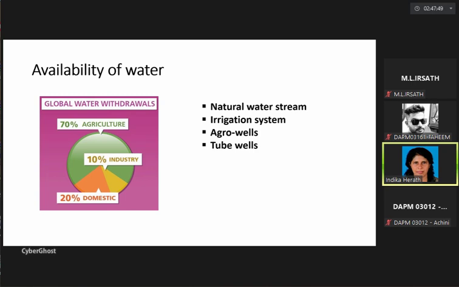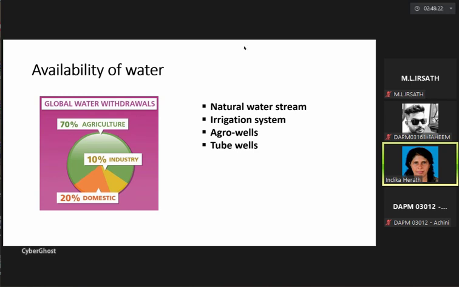However, it doesn't mean that the other industries are not important. The other two sectors, domestic and industry, are also important, and extraction of water is happening there too. But agriculture is considered to be the largest consumer of fresh water, right?